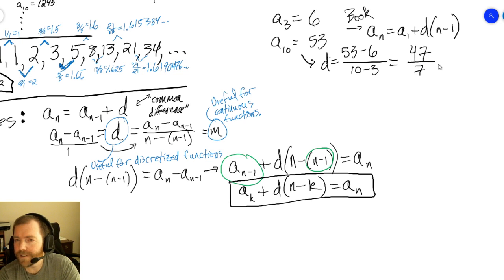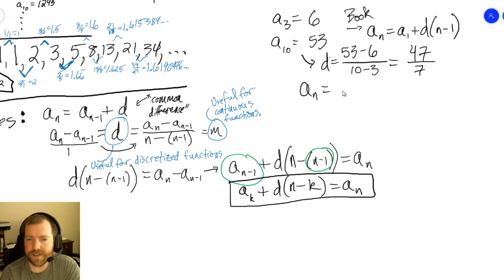Oh well. All right, that is not nice, not simplifiable. And then we say that a sub n is going to be equal to, and now we could plug in any a sub k we want. Let's go with 6, keep with the low number, just because, plus 47 sevenths times n minus the k value, which is 3.